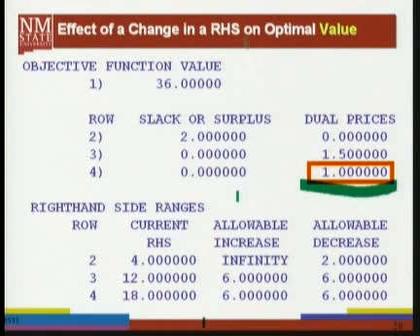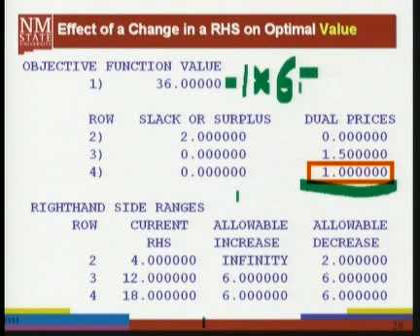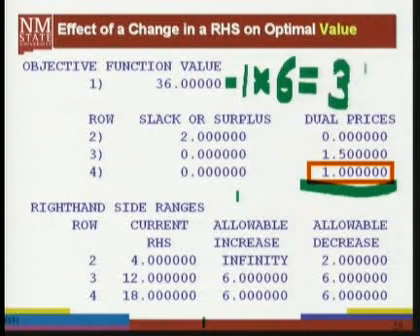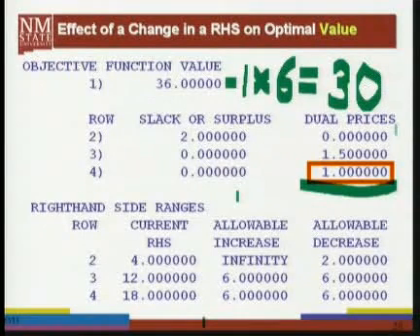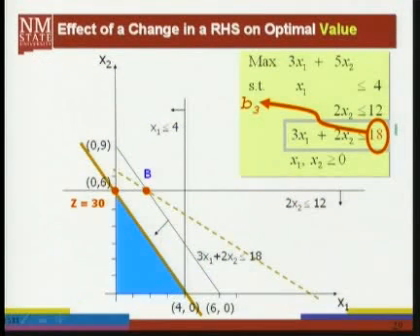So the objective function value becomes 36 minus 1 times 6, which becomes 30. Is that right? The new optimal point is right here with the objective function value of 30. And the plant number 2 and number 3 constraints are still binding in the feasible region, right?